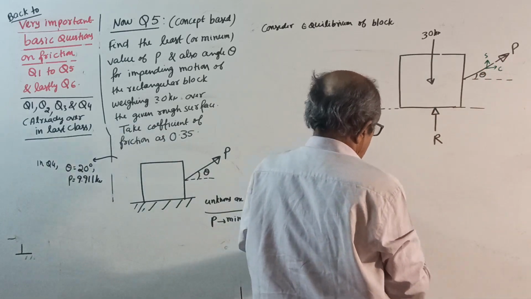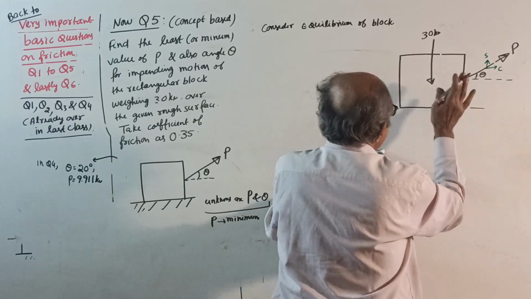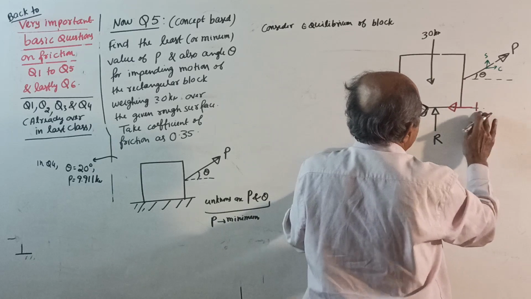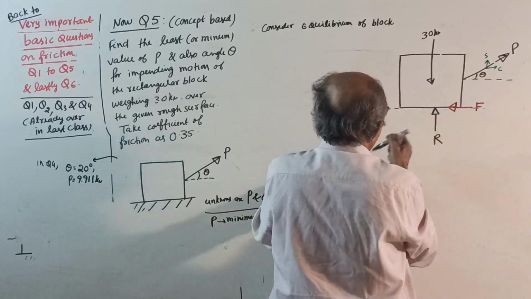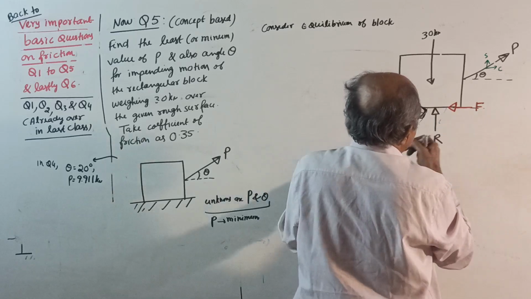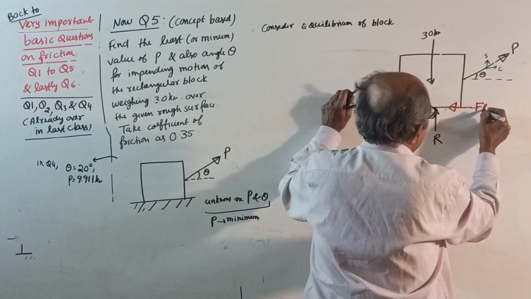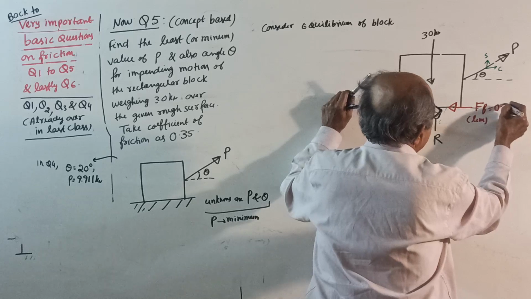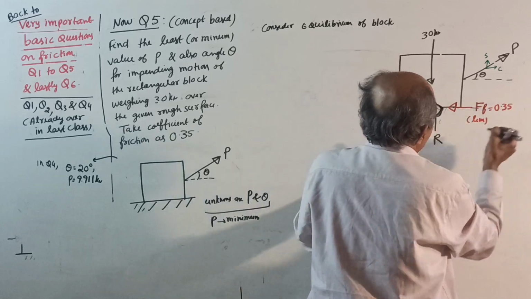And the frictional force is acting this way. FF limit equal to 0.35 into R.